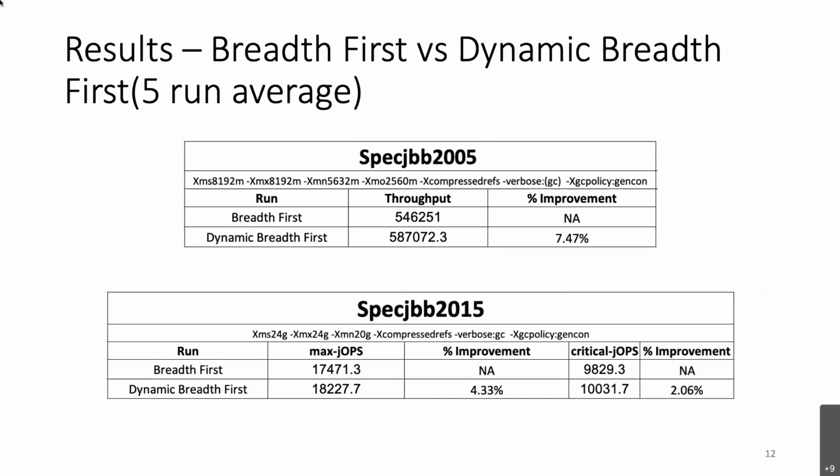Looking at SpecJBB 2005 with breadth first scan ordering, in a throughput comparison, you see that dynamic breadth first comes up just about 7.5% ahead. And if we look at SpecJBB 2015, for max JOPS we have almost a 4.5% improvement, and for critical JOPS roughly a 2% improvement.